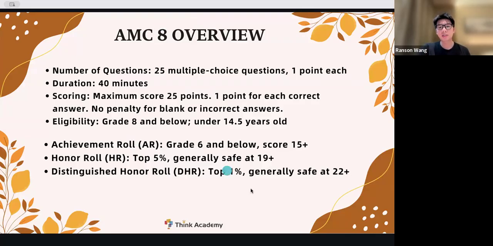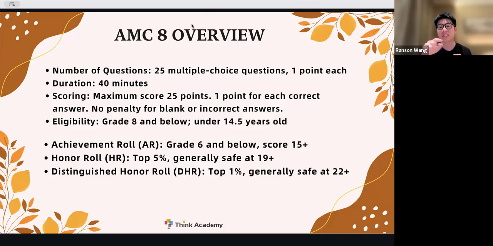In total, with regard to the awards, we have three different types. First, we have the achievement roll, which is for students in grade 6 and below who score 15 points or more. Then the honor roll, which ranks as the worldwide top 5%, and the cutoff is a little different over the years.